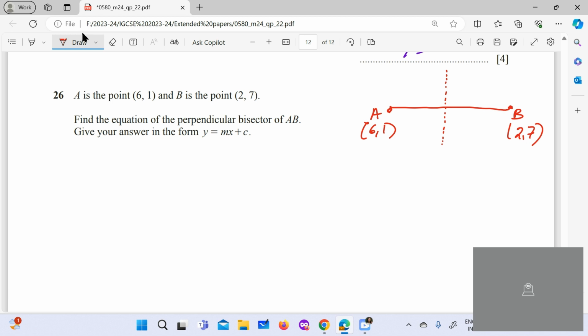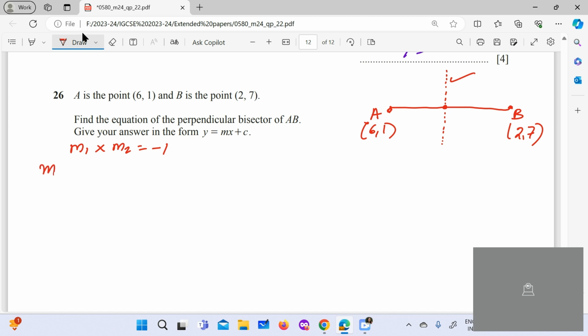Bisector means it will pass through the midpoint here. Now let's see what the gradient of this line will be. You know that the condition for lines to be perpendicular is m1 times m2 equals -1. So first we will figure out m1.